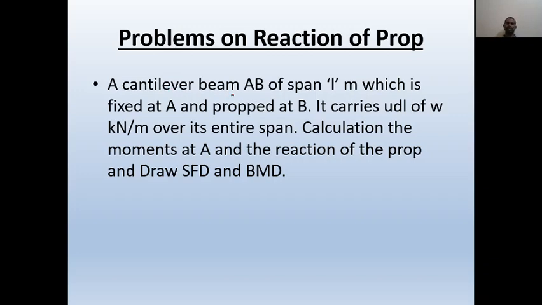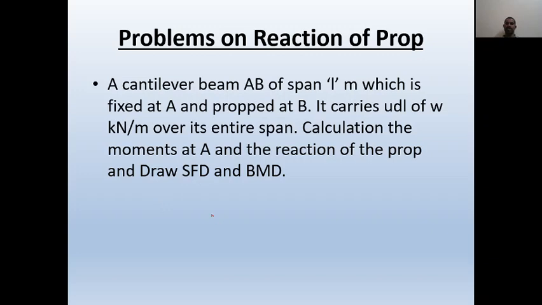A cantilever beam AB of span L, which is fixed at A and propped at B, carries a UDL of w kN per meter over the entire span. Calculate the moment at A and the reaction of the prop, and also draw the shear force and bending moment diagrams.